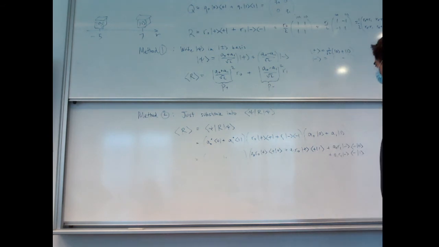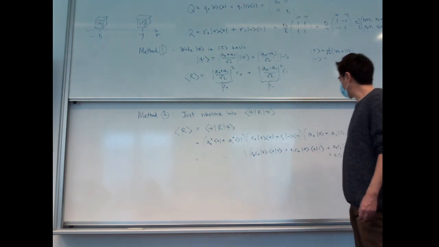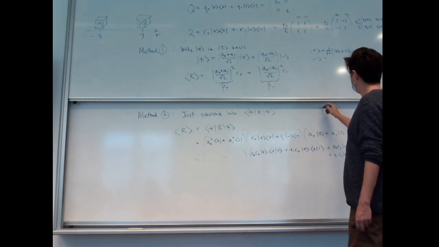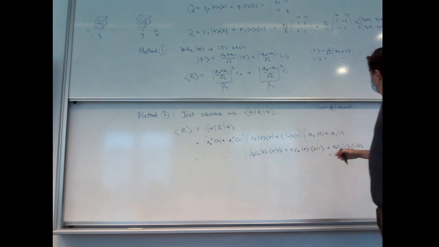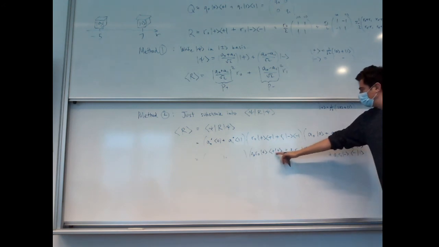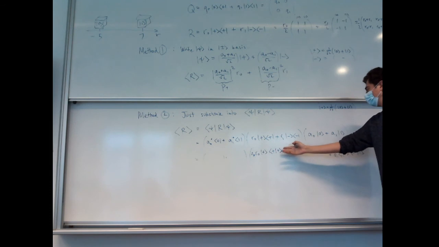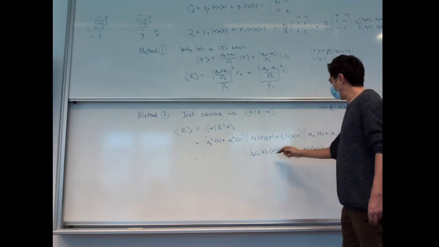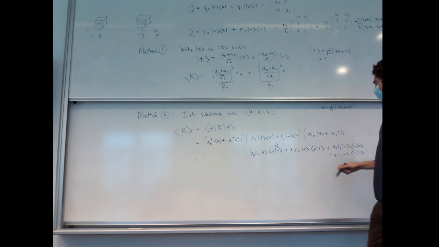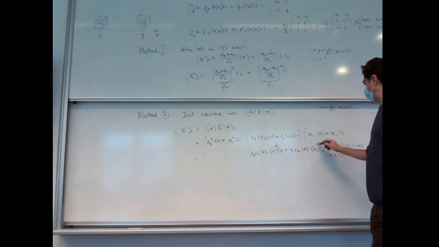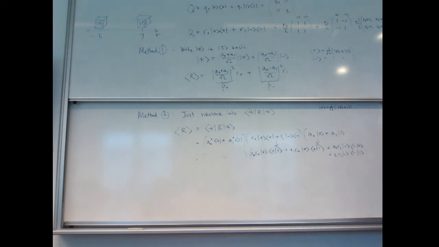Now we need to substitute a couple of these inner products. Remember, plus is 0 plus 1. So when you work this out, this is 1 over root 2, because that's the coefficient. This one is also 1 over root 2 because they both have a plus sign. This one is also 1 over root 2. This one is minus 1 over root 2.